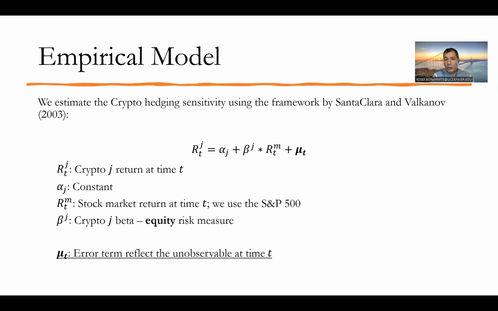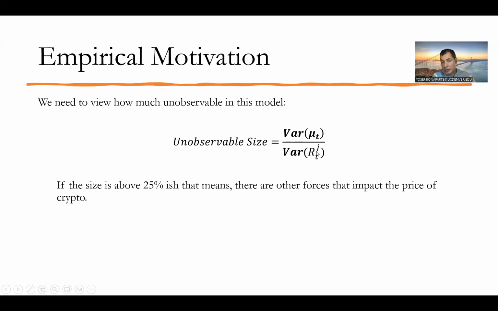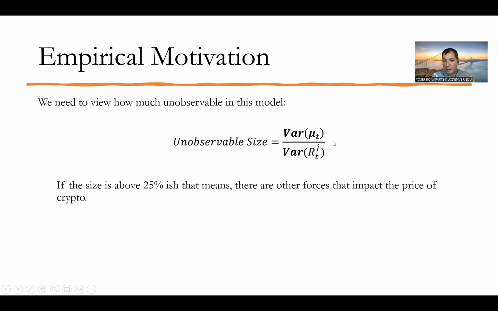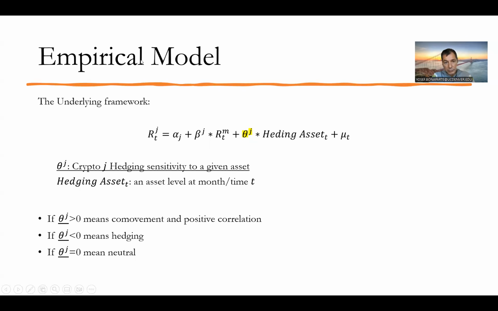Before, we looked at the R square, which reflects the fitness of the model. Obviously, if the R square is small, then this quantity will be high. If the R square is high, that means the unobservable is very little, and then this quantity will be very low. So today we at least add this quantity to our analysis.